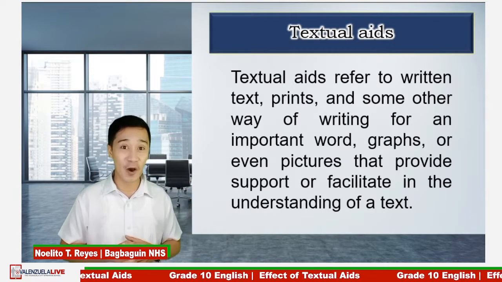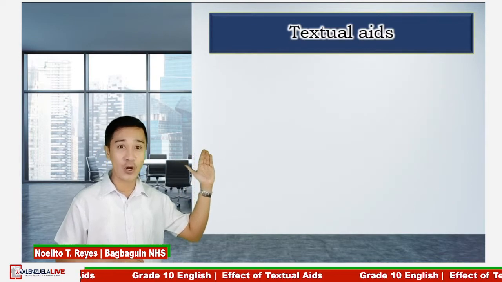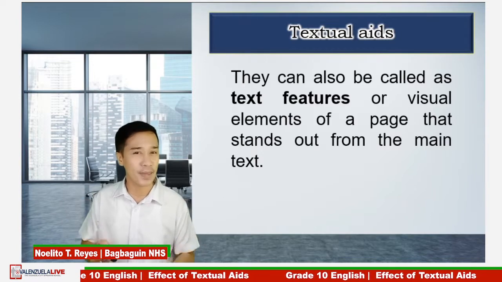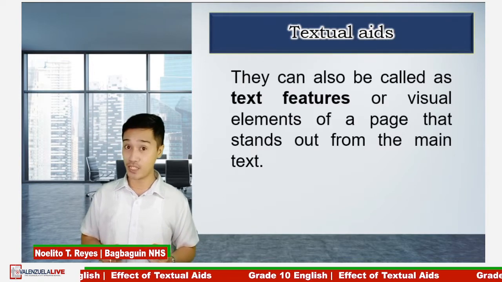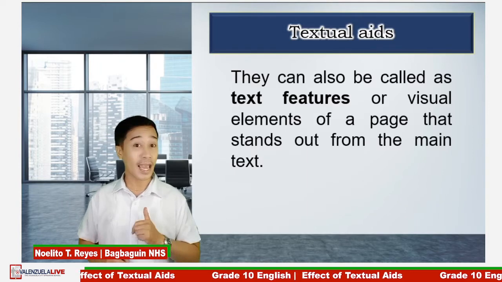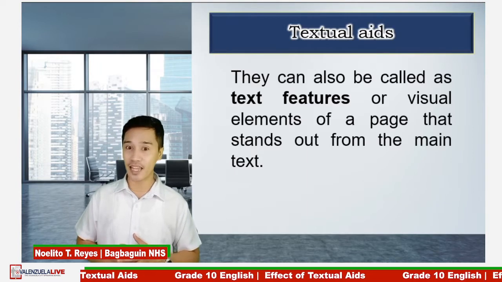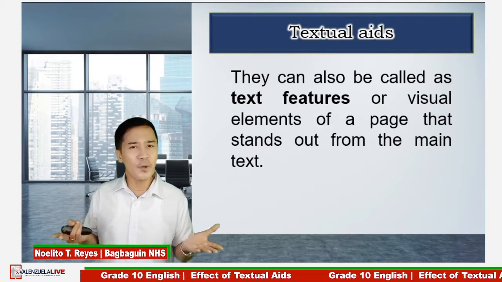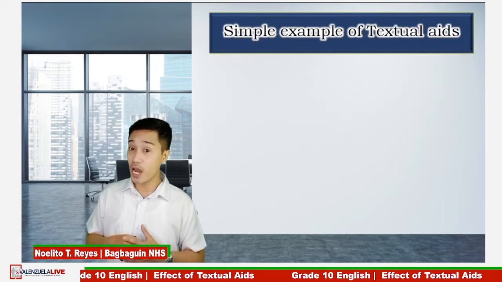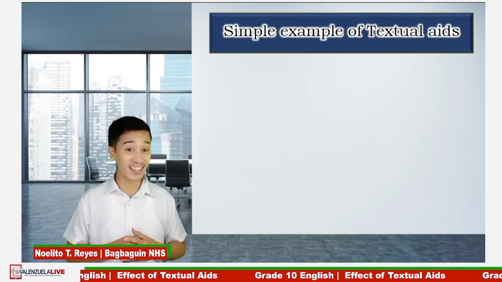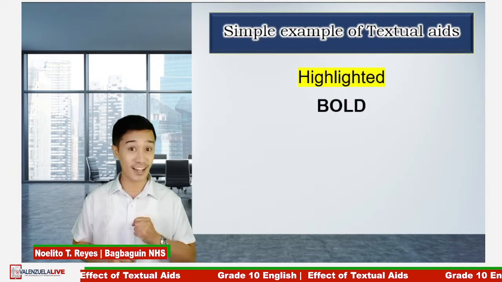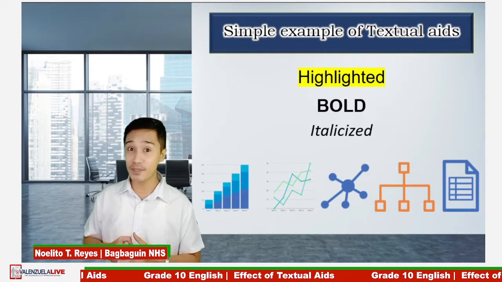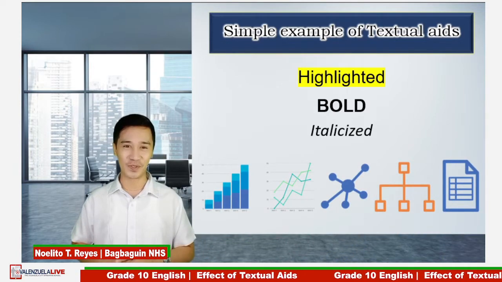They can also be called text features or visual elements of a page that stand out from the main text, like the words in bold letters, italics, or in capital letters that you see in this presentation. Simple examples of textual aids are those being highlighted, bolded, italicized, and adding charts, graphs, diagrams, maps, and tables.